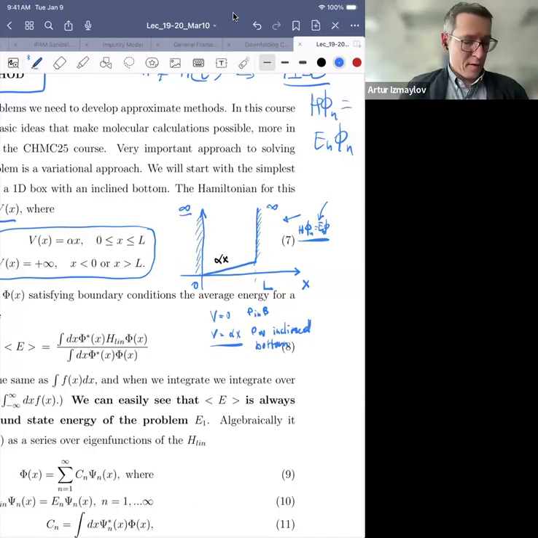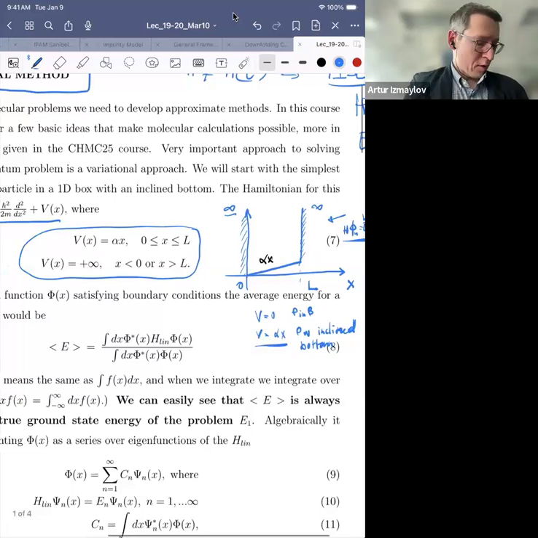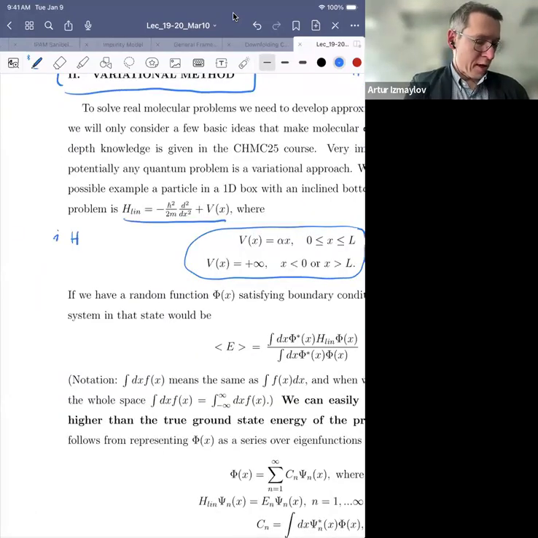If that's the case, then the variational approach can be used. And another restriction, number two, is that H is Hermitian.